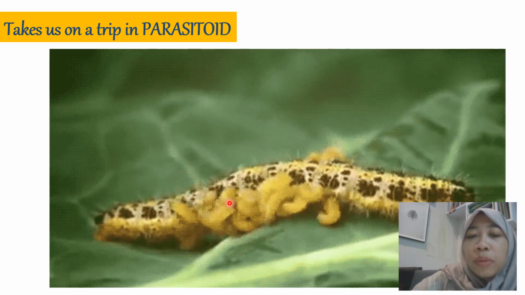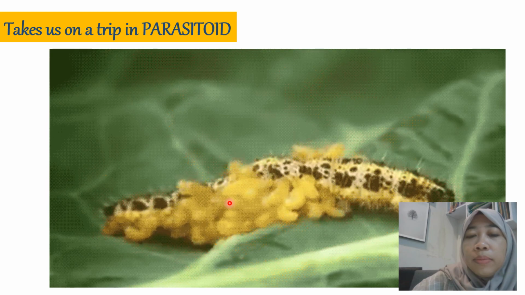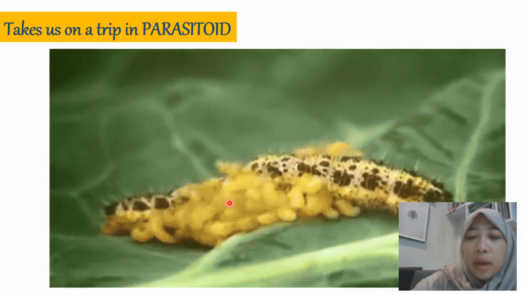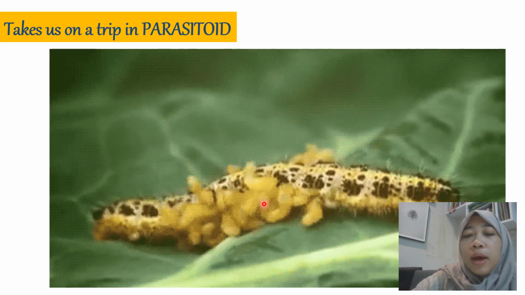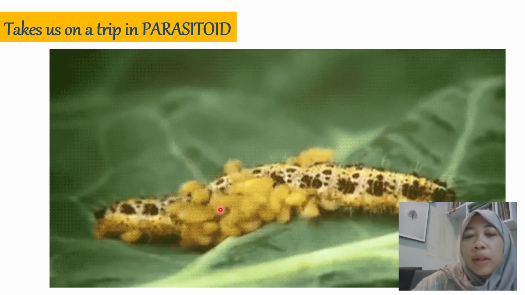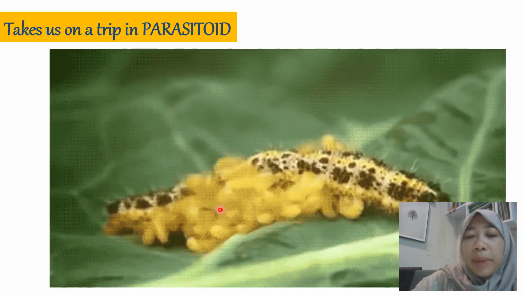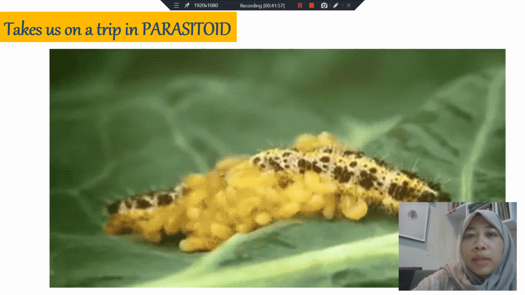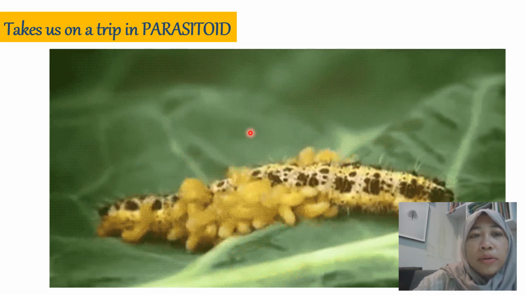They will change into the pupae, yeah. Pupae, and then the adult, and after adult, the parasitoid will mate and reproduce by themselves and search for another host.